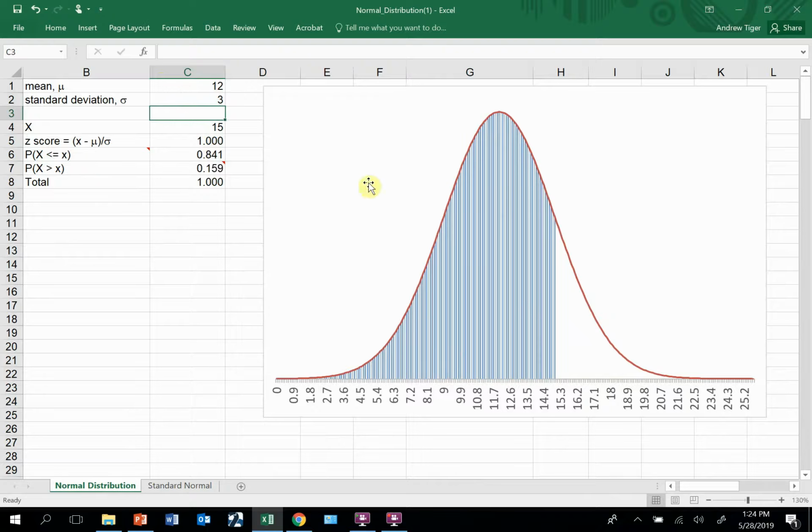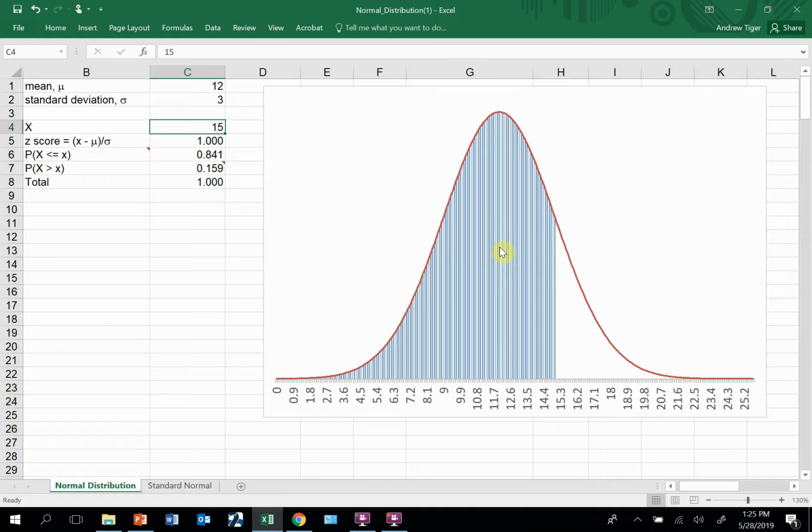So the area under the curve, the blue, is the probability. An area under the curve is a probability, and it is the probability that you get a value at this value or less. So in this case, my value on the horizontal axis I said is 15. So 15 is about right there.